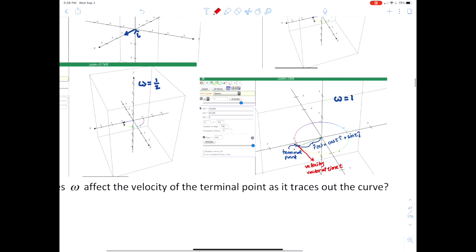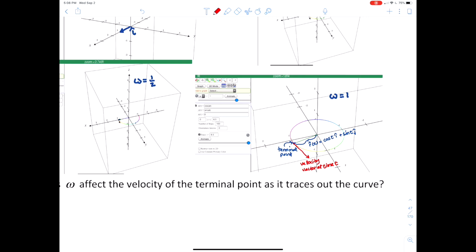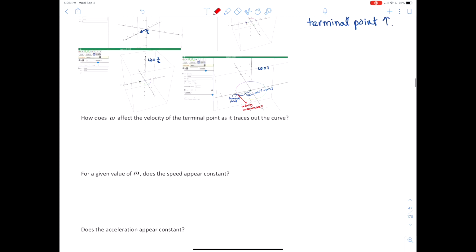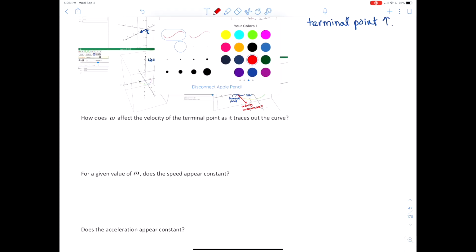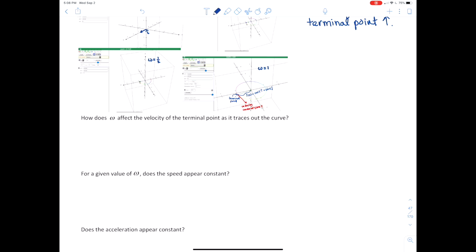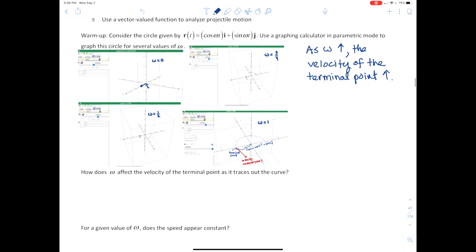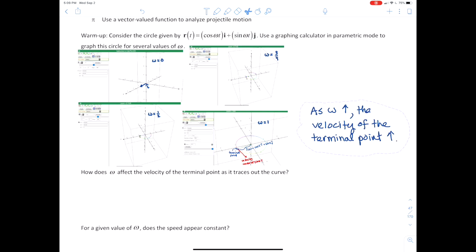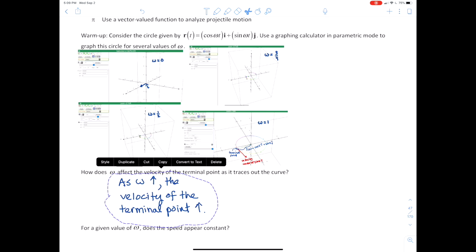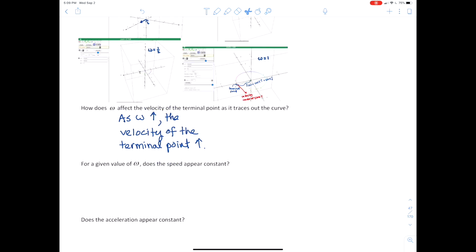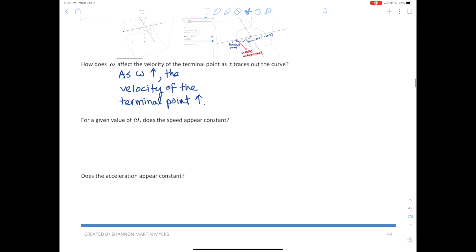Now, coming back down here, how does omega affect the velocity of the terminal point as it traces out the curve? Well, remember, I think we already answered that. As omega increases, the velocity of the terminal point increases. And for a given value of omega, does the speed appear constant?